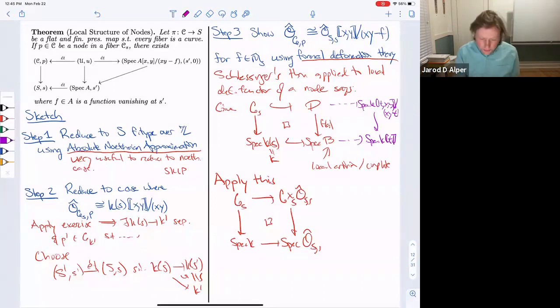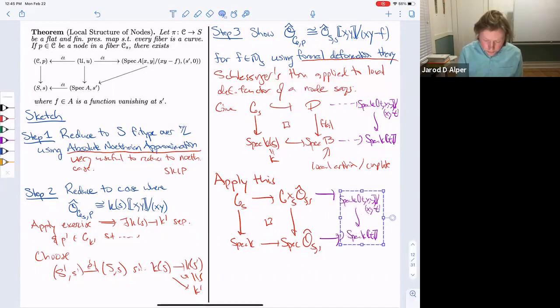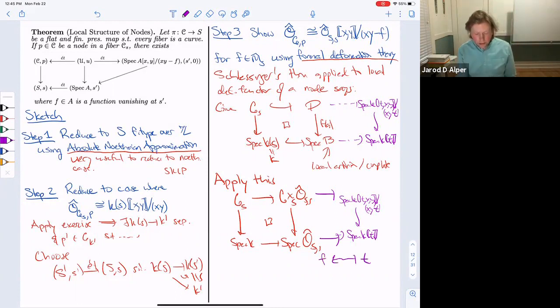And what it gives me is a morphism to, well, let me cheat, to here, such that T here then pulls back to some function f. And since it was a node, this function f is non-zero at that point s.